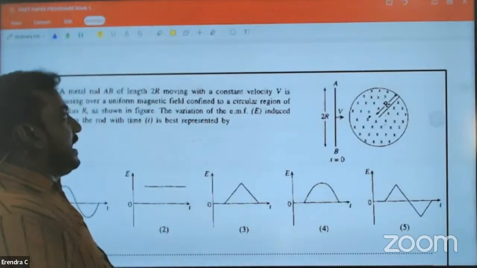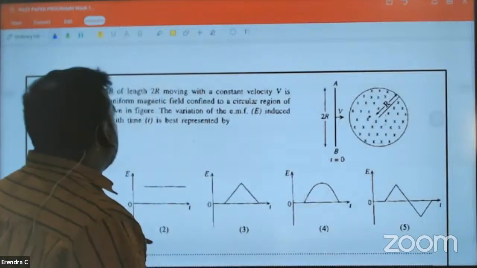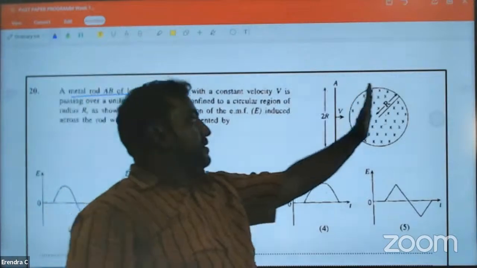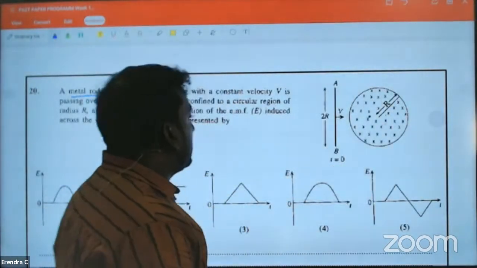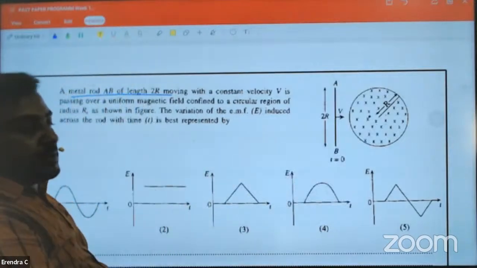Electromagnetic induction. They are telling you a metal rod AB is moving across this path. Remember, when the field is cut, there is going to be a current produced.